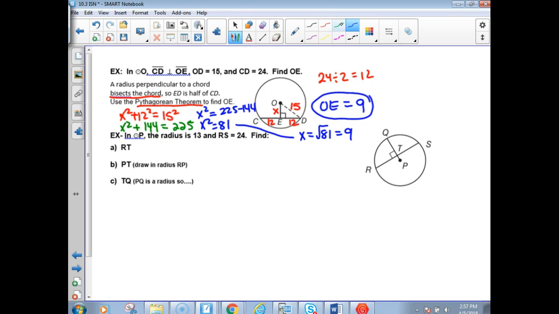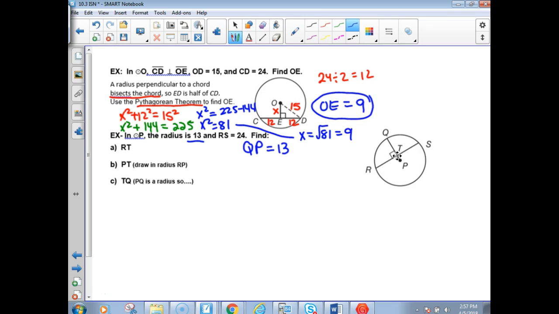All right, so another example. I got the circle with center P. It has a radius of 13. So if the radius is 13, QP is 13 because it's the radius. I'm going to jot that down. QP is 13.